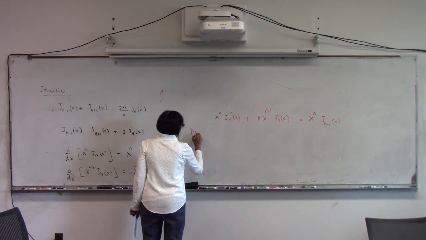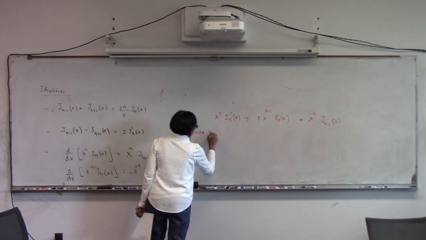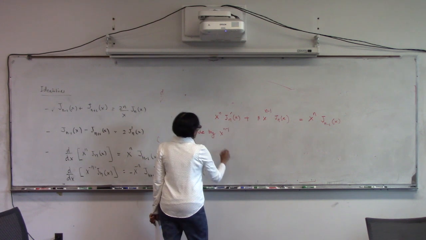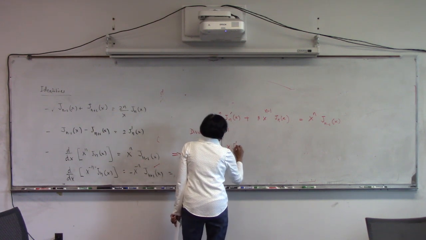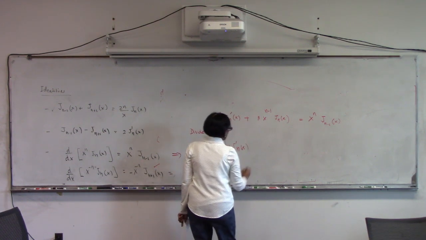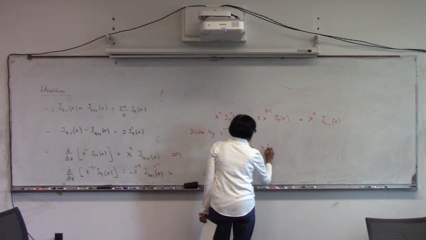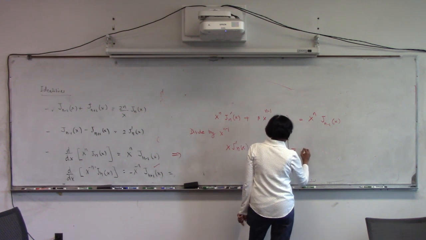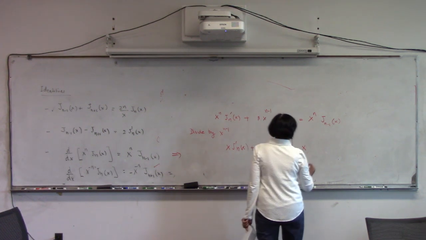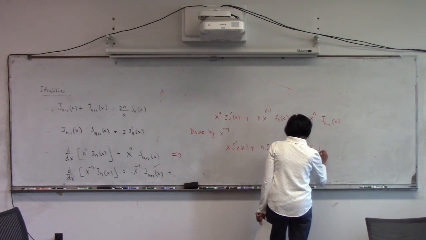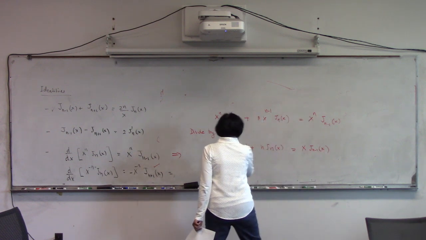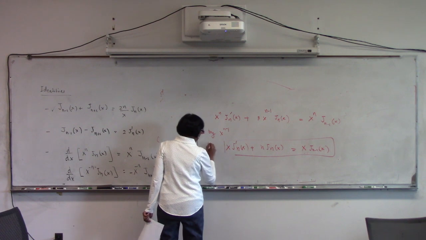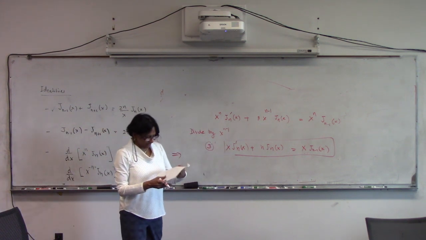Supposing I now divide this expression by x to the power n minus 1, which is here, then I have x J prime of n x plus n J of n x, which is nothing but x J n minus 1 x. So this identity 3, we call this, becomes something of this nature.